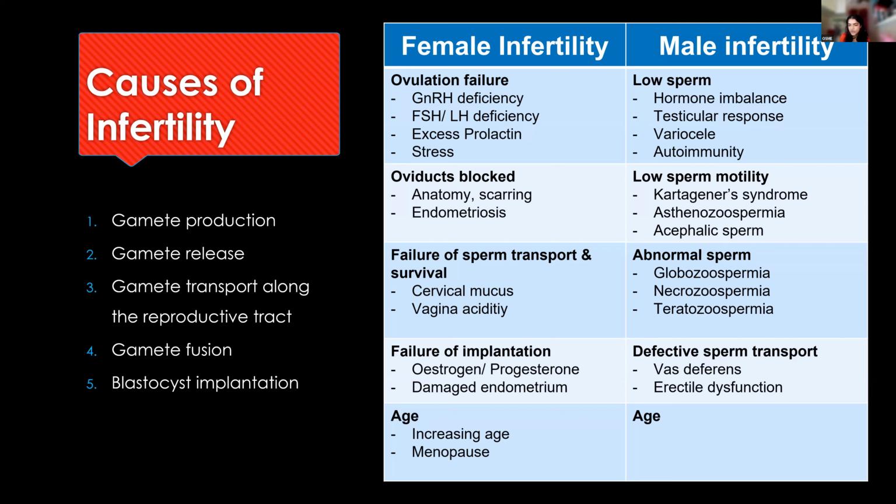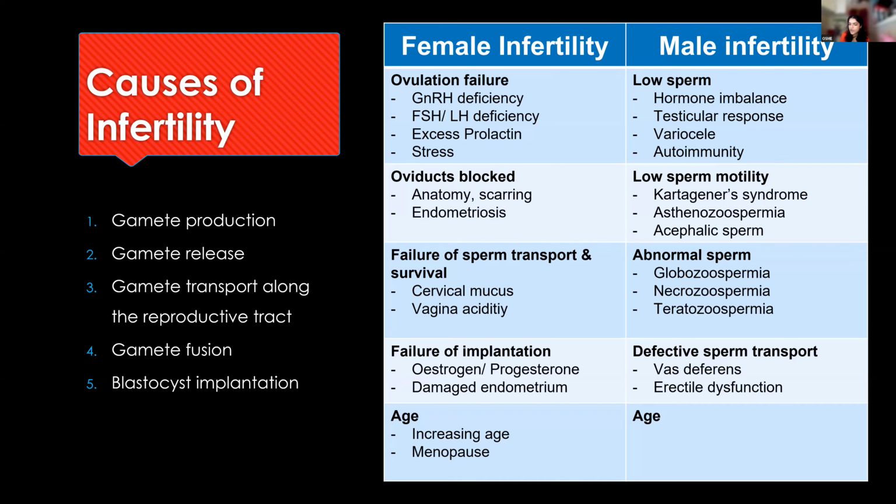Also age. So typically age is associated with a decline in fertility. This can be increasing age and then eventually menopause altogether, which is typically at the age of 50. I think the range we say is 45 to 55.